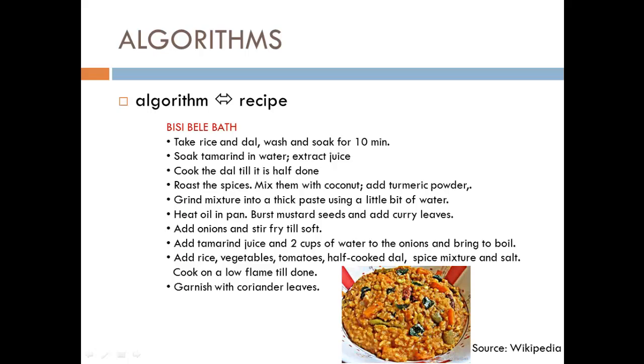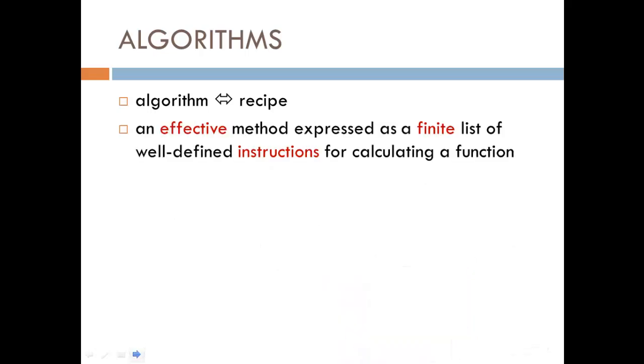More formally, you can think of an algorithm as an effective method expressed as a finite list of well-defined instructions for calculating a function. These instructions should be doable by a computer, and we require that this is a finite list of instructions. Right?